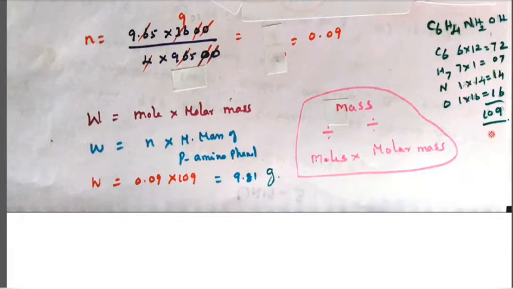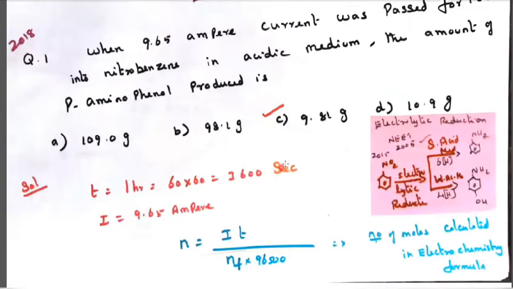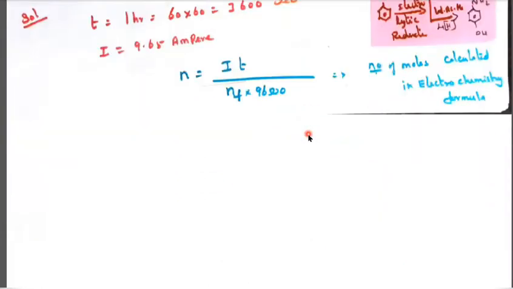The molar mass of para-aminophenol is 109. Substituting the molar mass 109 and the number of moles 0.09, the weight is 9.81 grams. 9.81 gram is the correct answer.